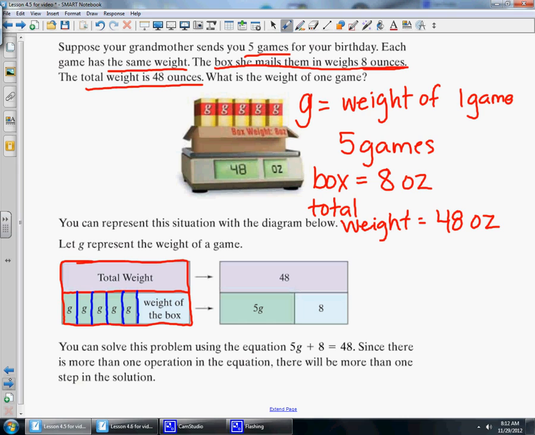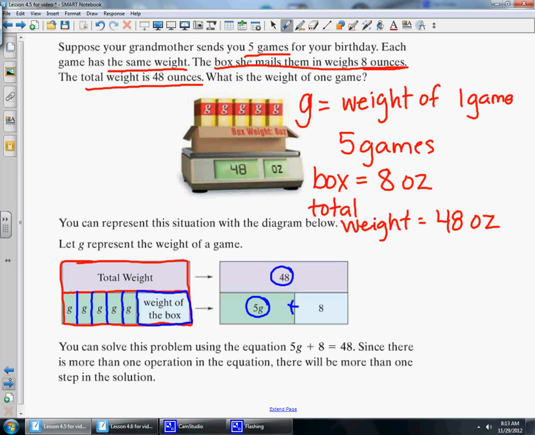And then this last bigger box is the weight of the box that she ships it in. So if we add all these games together, g plus g plus g plus g plus g, plus the weight of the box, we're going to get the total weight. An easier way of writing g plus g plus g plus g plus g is 5 times g, and then the 8. We add those two together because when we add them together, that equals the total weight, which is 48.